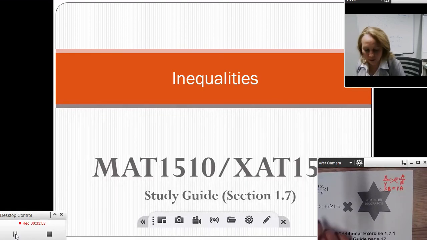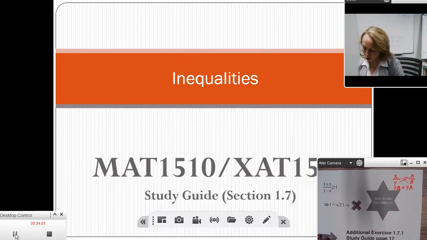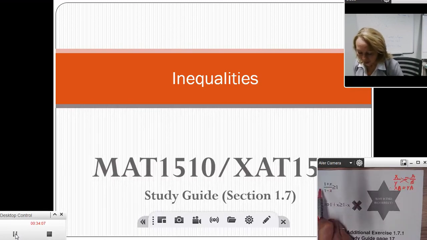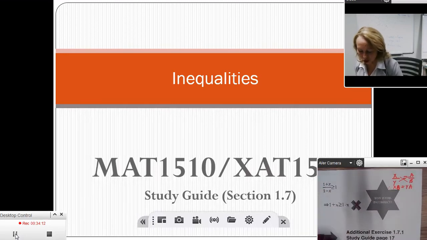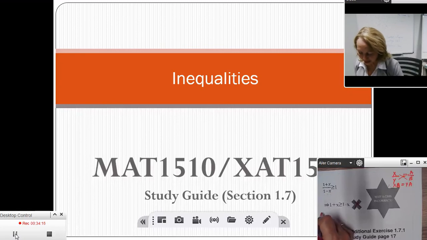So that's the principle of cross multiplication. Now, cross multiplication may not be applied to inequalities. Let's investigate why this is incorrect. First of all, we have no idea what the x value in the denominator is. So what happens if x is equal to 1?